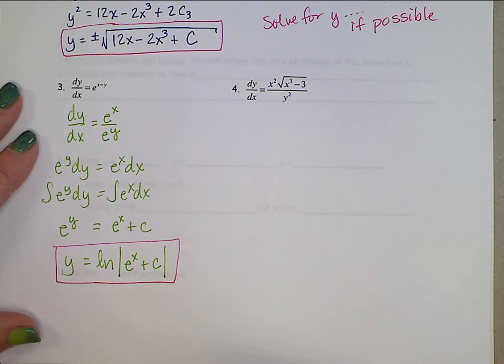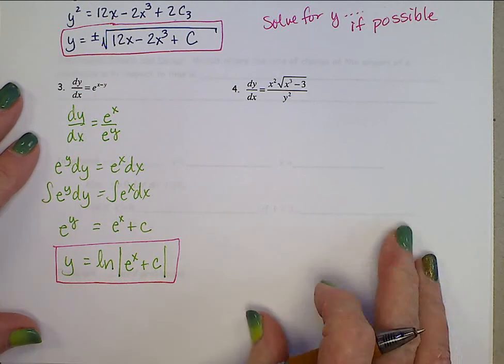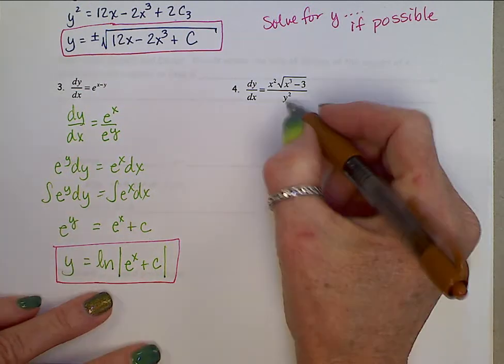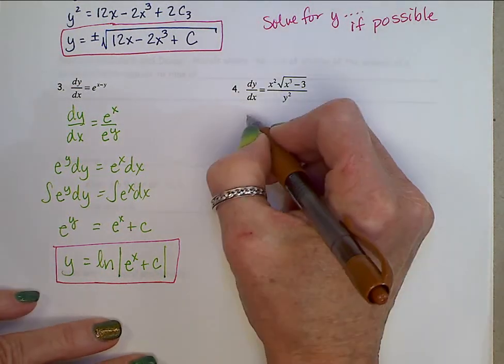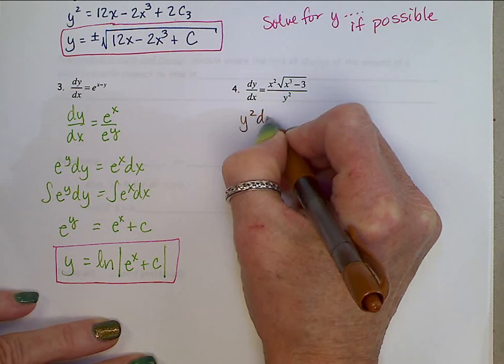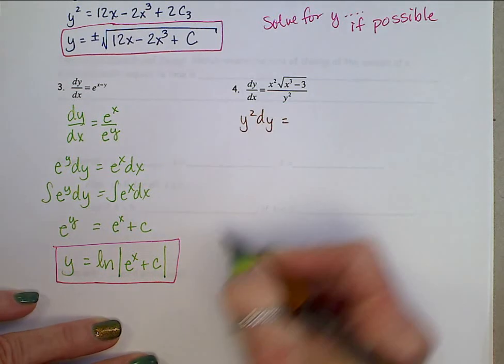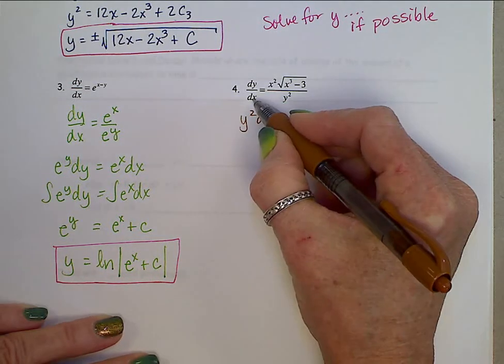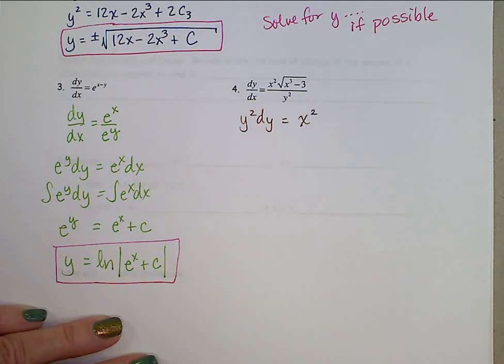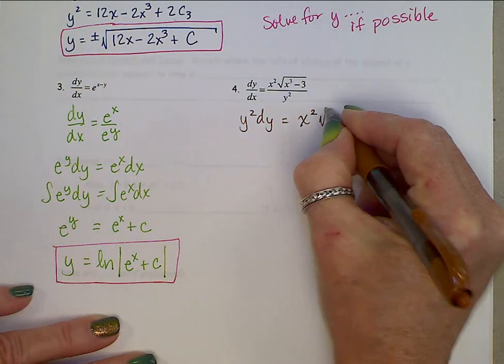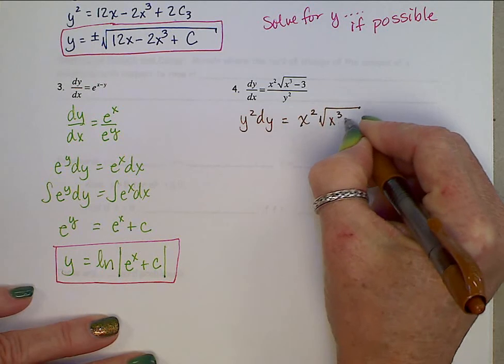Looking at the last one on this page. Let's multiply by y squared. So we'll have a y squared dy. And on the right-hand side, we'll pull this dx up over. So we have x squared times the square root of x cubed minus 3, then dx.